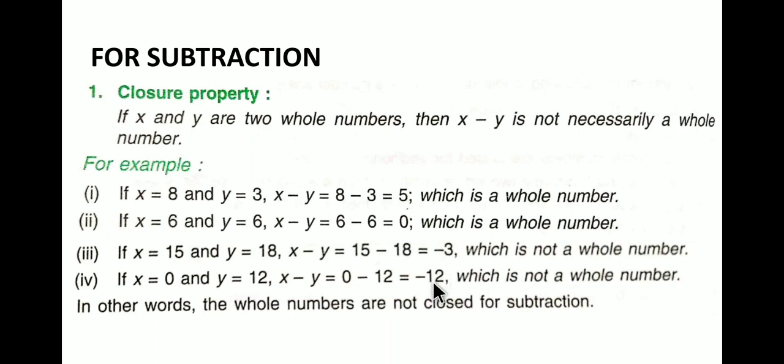So here we can clearly see that in two of the examples the closure property was followed, but in the remaining two examples it was not valid. So in other words, whole numbers are not closed for subtraction. It does not follow the closure property in case of subtraction.